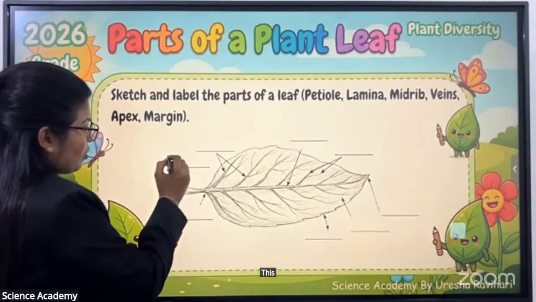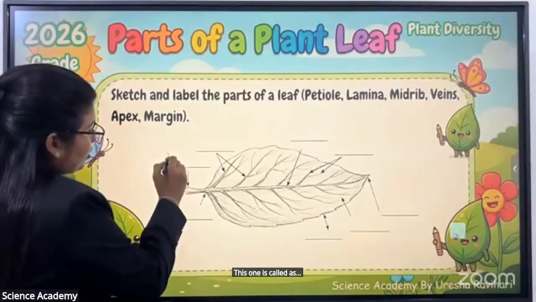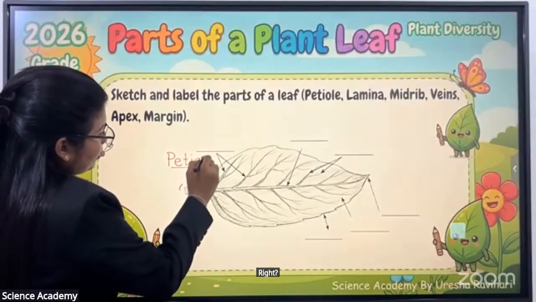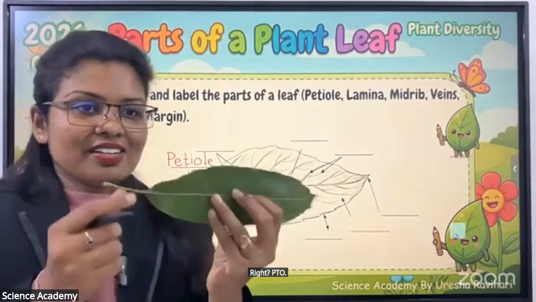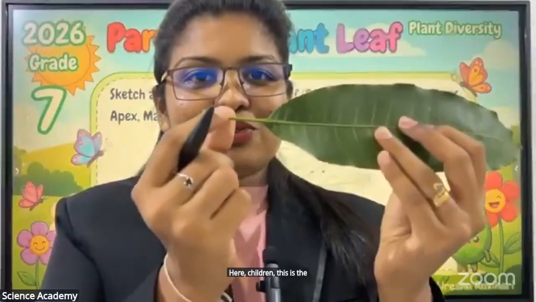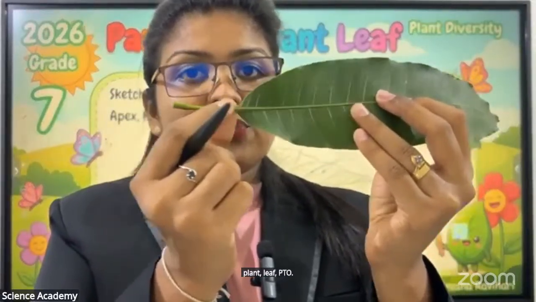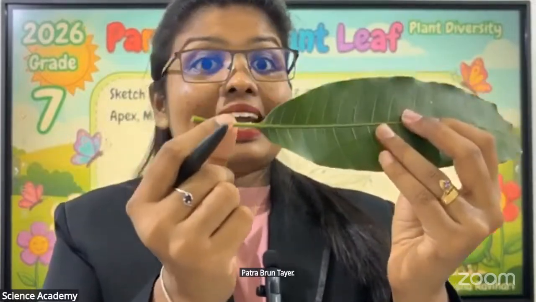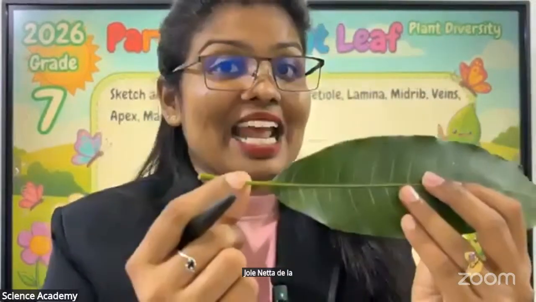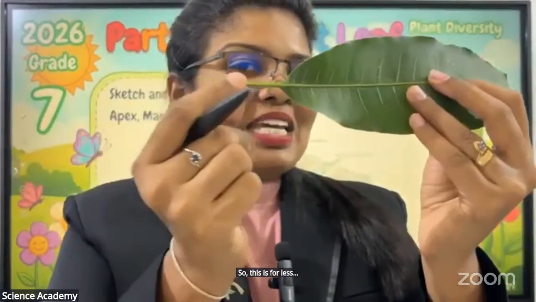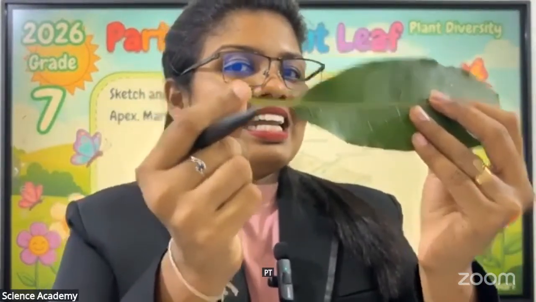This one is called the petiole. Here, children, this is the petiole of this plant leaf. Petiole. Patravrunthaya. So this is called the petiole of this plant leaf.